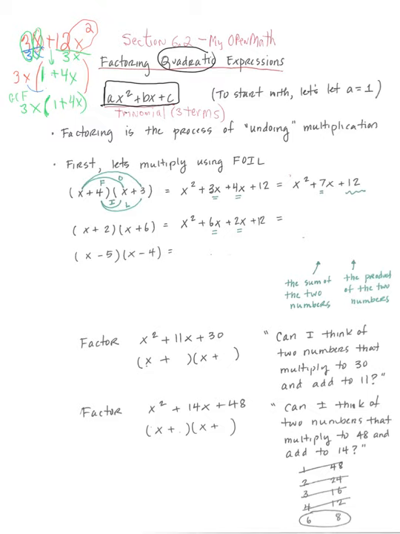And it's a 3-termed expression, 1, 2, 3 terms, a trinomial. And in this particular example, on this page, we're going to make sure that the a is equal to 1. So the a will always be equal to 1, and it'll be our first type of factoring.